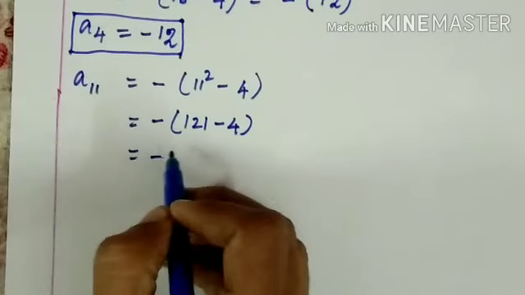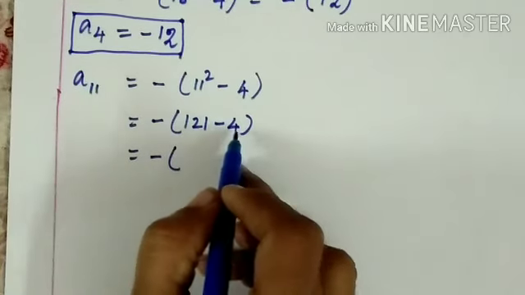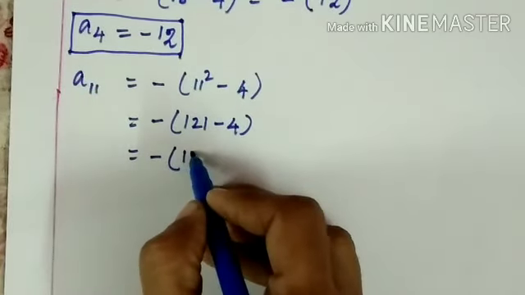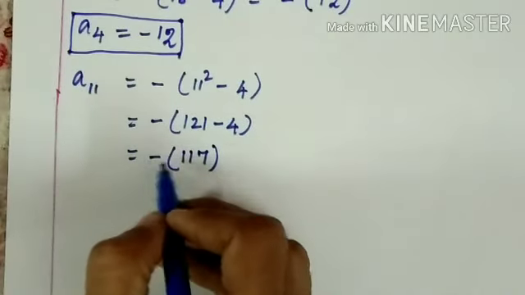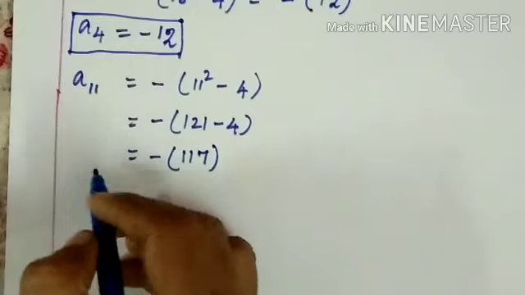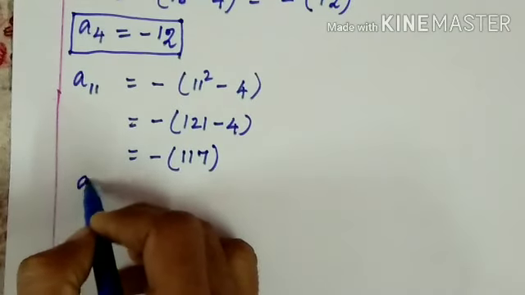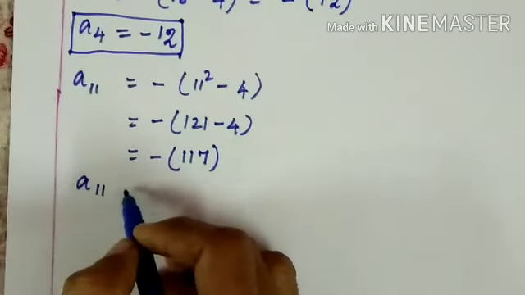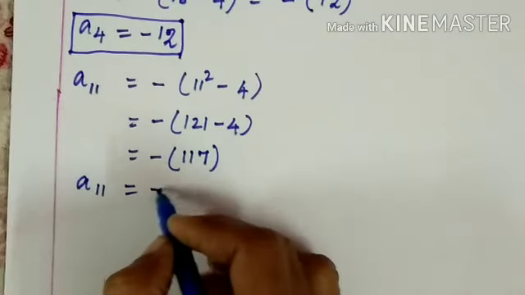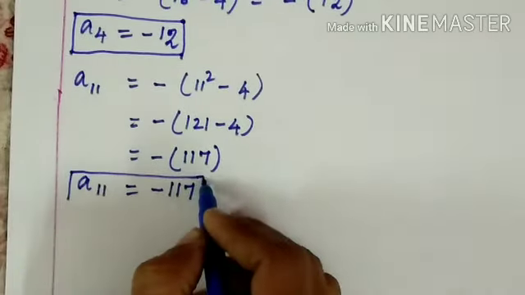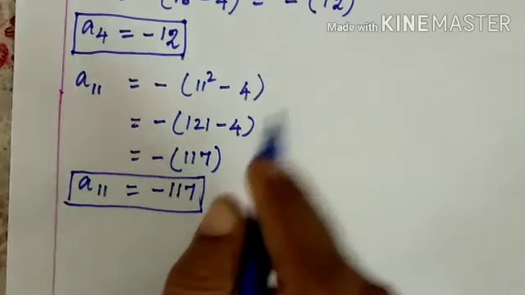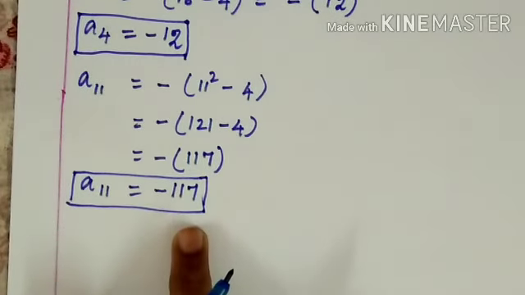That is, minus of 117. Minus into plus, minus. Therefore, A11 is equal to minus 117. This is the answer for A11. This is the answer for this question.